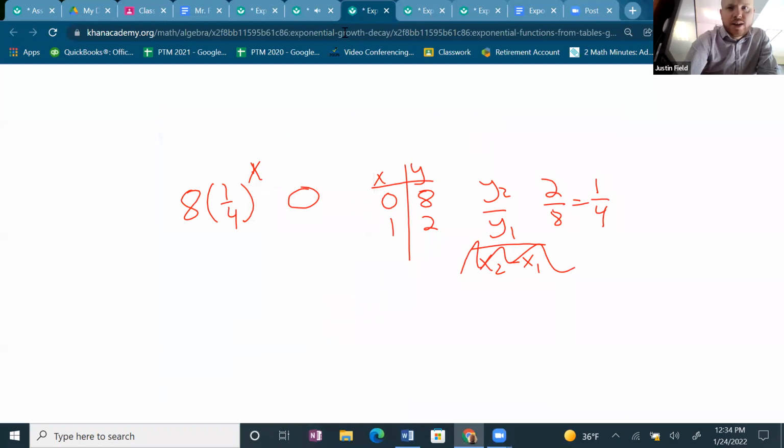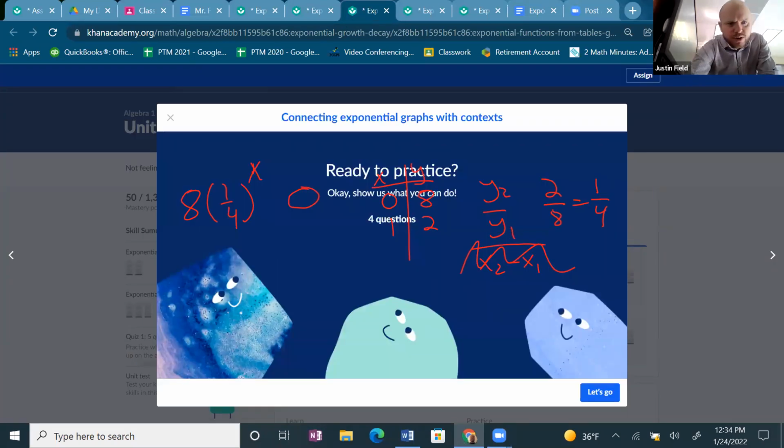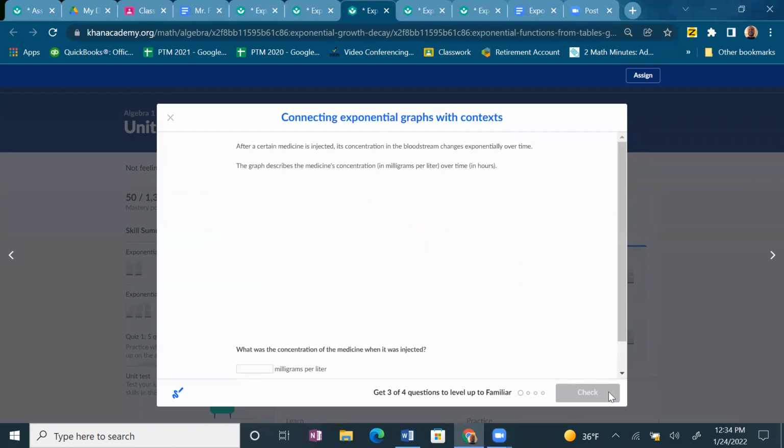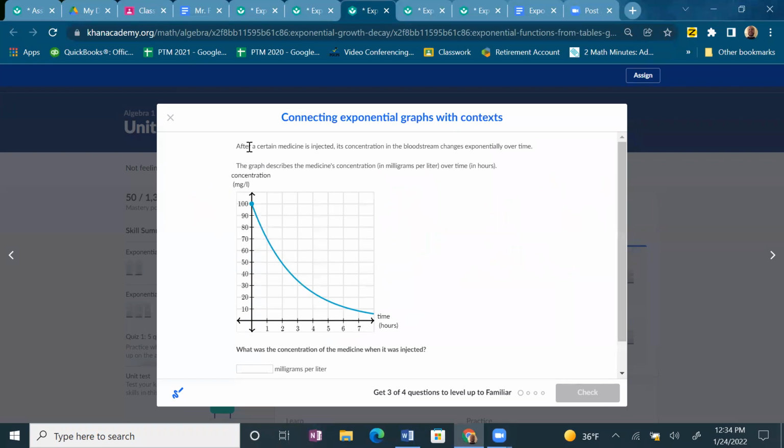My video is going slow, so I'm going to turn it off. Connecting exponential graphs with context. That is so important, because this way we will know how these things actually exist in the real world. After a certain medicine is injected, its concentration in the bloodstream changes exponentially over time. The graph describes the medicine's concentration in milligrams per liter over time in hours.